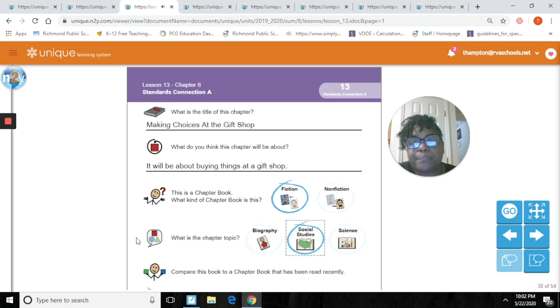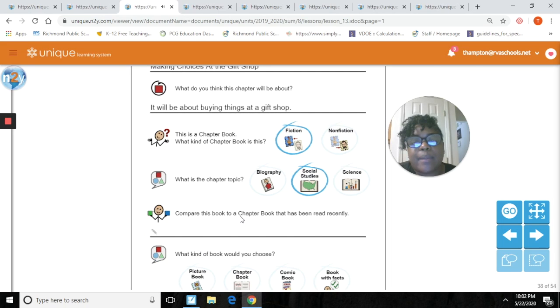All right. So it says here, compare this book to a chapter book that has been recently read. So when we compare things, what do we do? We talk about the similarity and the differences of things when we're comparing them, right? Okay. So I'm going to think about a book that I have recently read to give you an example.